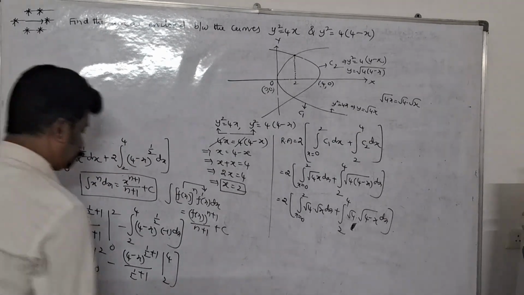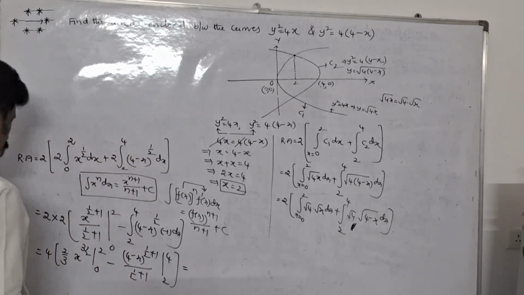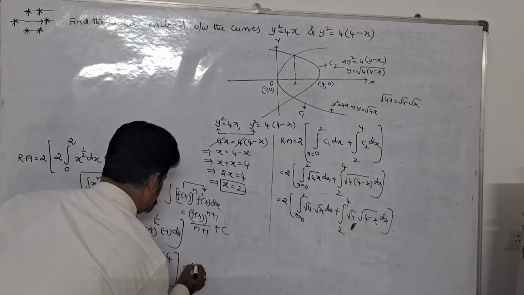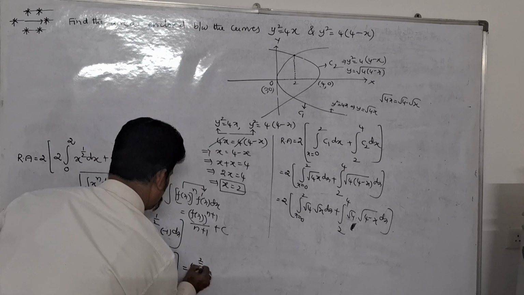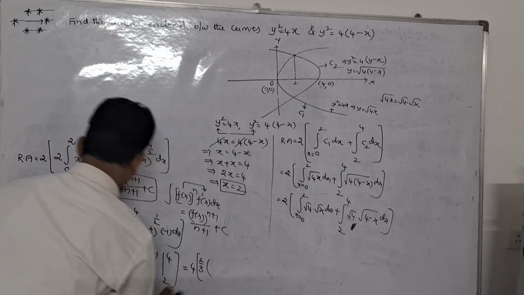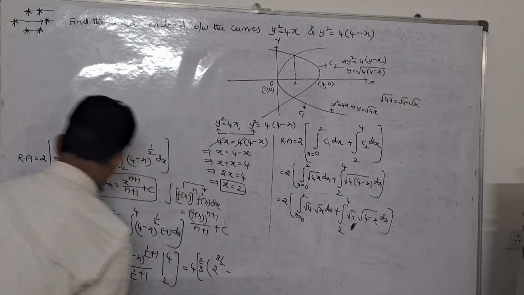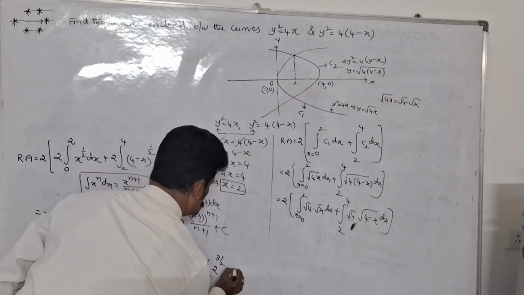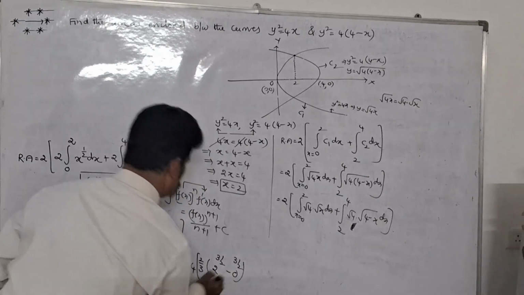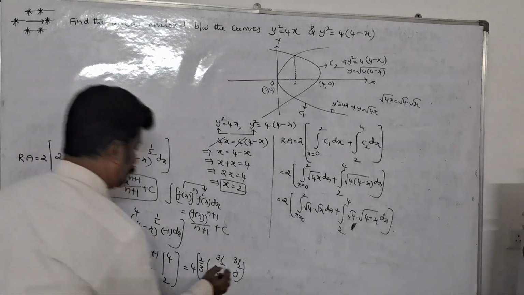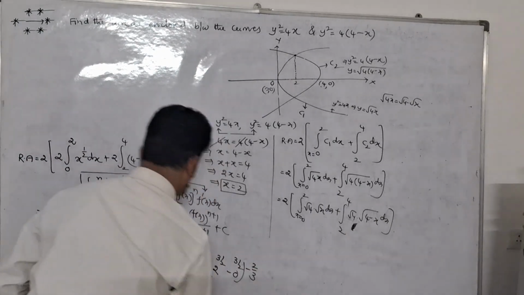Right? So this is equal to 4 into 2 by 3 into upper limit 2 to the power of 3 by 2 minus lower limit 0 to the power of 3 by 2, minus 2 by 3.